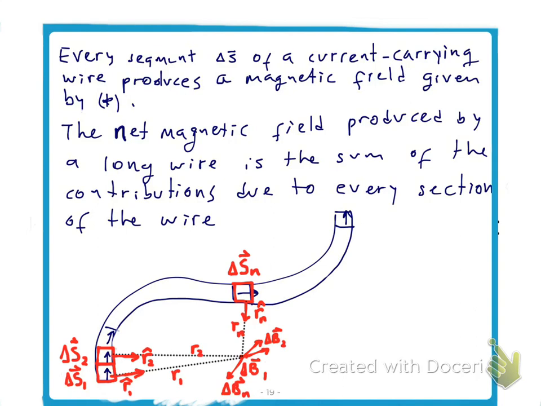Another segment with subindex n is indicated there with its corresponding distance vector and its corresponding contributing magnetic field delta Bn, and the sum of all of those magnetic field vectors is what's going to give us the resulting magnetic field at a particular point in space, as an addition of the contributions from all of the segments in which we can divide the wire. So using this idea, we're going to be able to see in the next video how to, for example, calculate the magnetic field of an infinite line of current.